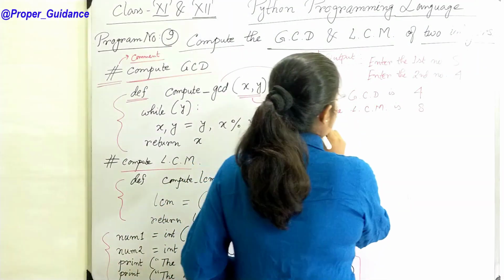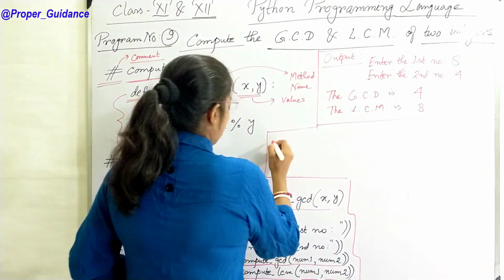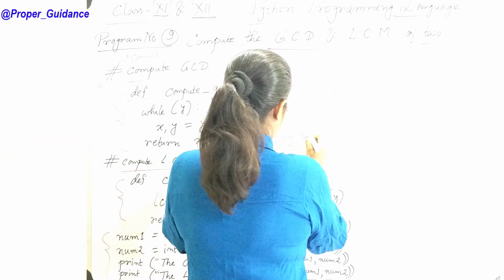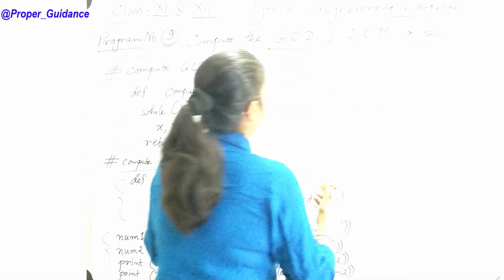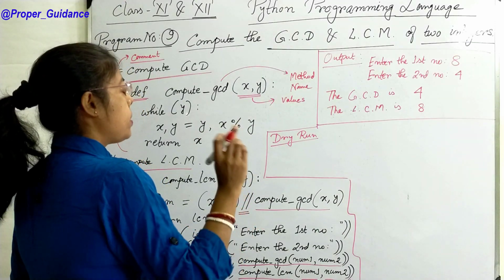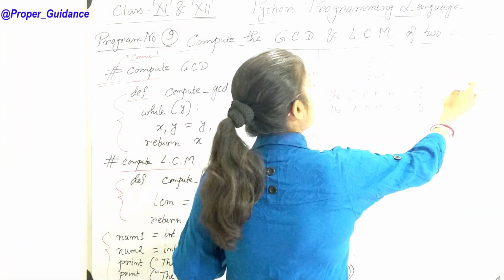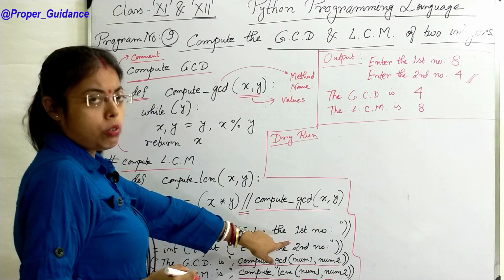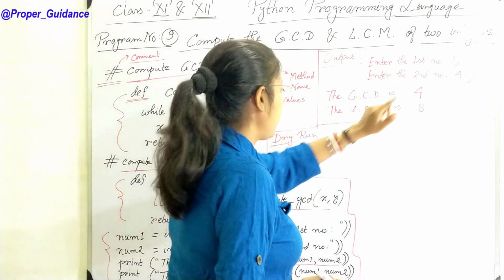Now the dry run section of this program is here to explain how the code actually works. See, till this line there is no problem, right? You are just giving the user input for the first and second numbers.